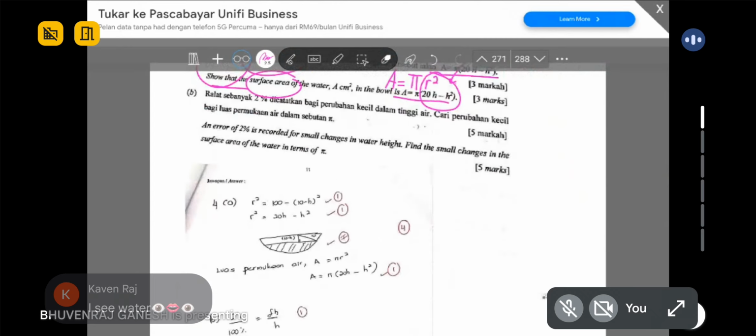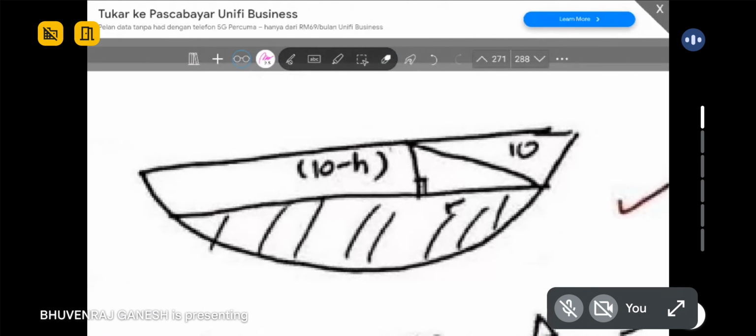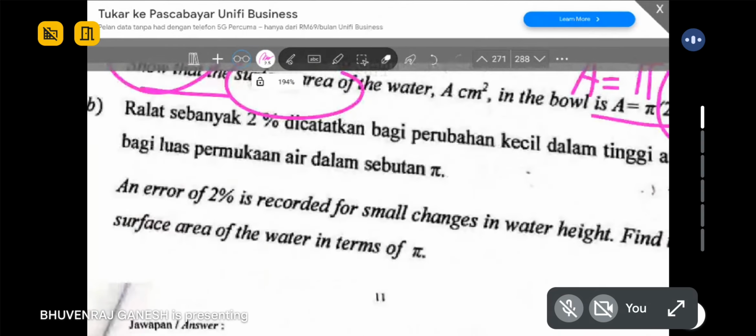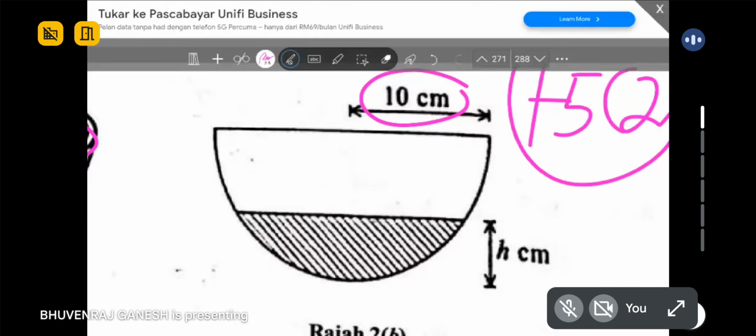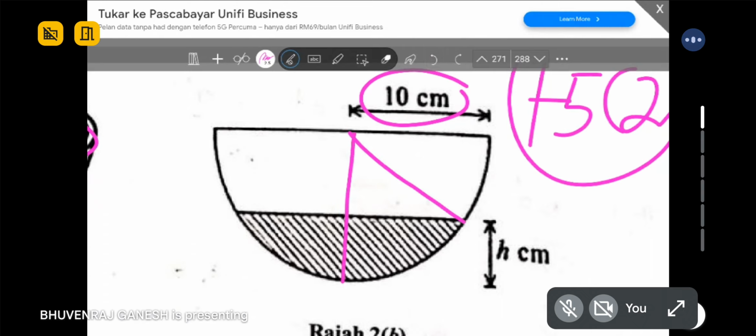So now, how do you actually approach this? You can see over here. This is the concept. You must actually form a triangle. So if you see here, this is the radius, right, guys? Radius. If I draw like this, and I draw like this, all of this is 10, right, guys?